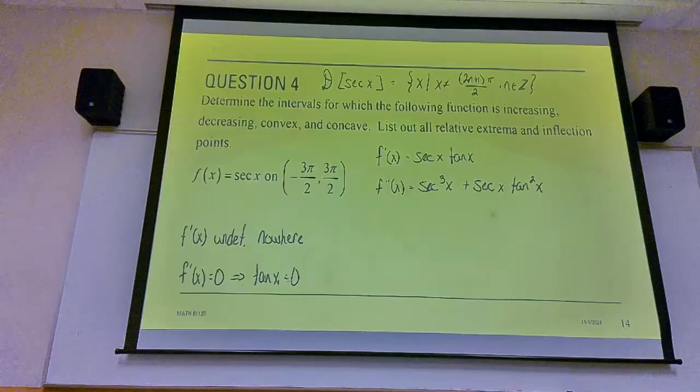Those are the critical points. I think we just have 1 pi and 0 pi. And negative 1 pi.